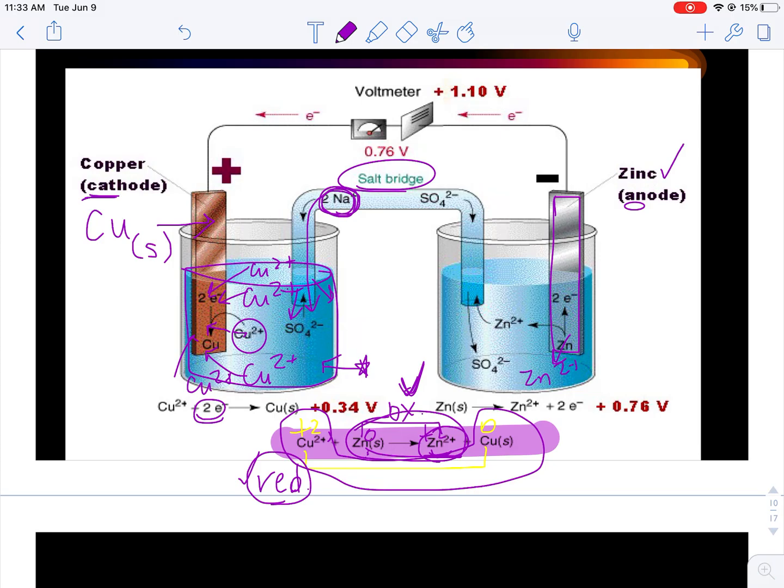So what's happening here is the metal is losing its electrons, and as a result, it's creating all of these extra cations in the solution. So as a result, I now have too many cations, and the anion from the salt bridge now needs to migrate into the solution to try to balance out the charge.